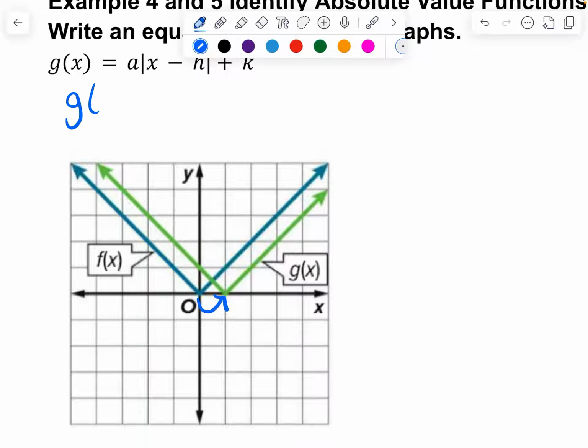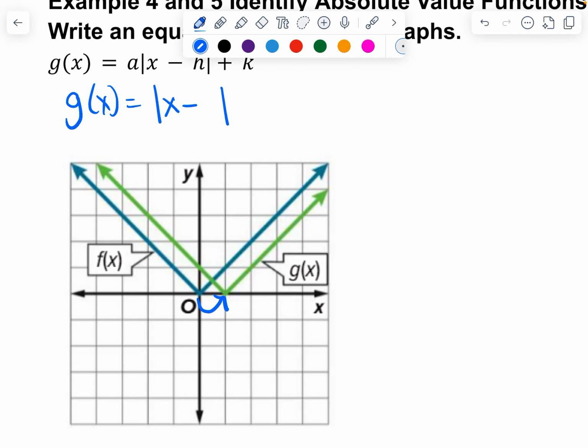So g of x equals, the a value didn't change, we still have the same slope, x minus... it didn't go up at all, so we know that we're just doing something inside the absolute value.